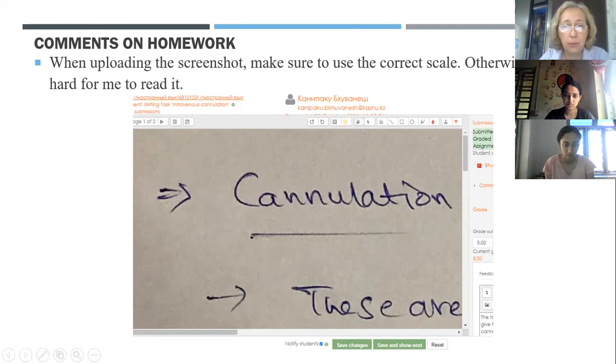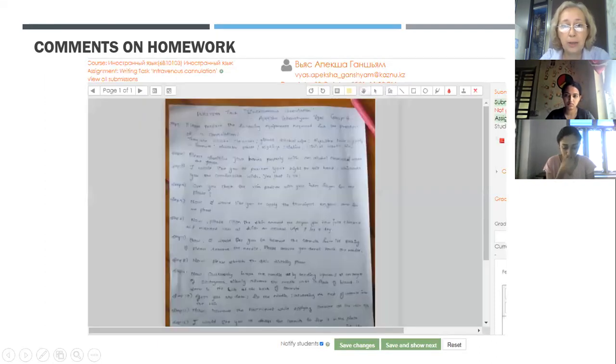So just make it easy for me to read. And also this one, the scale is very small, that is why it's hard to read. I also need to download the screenshot to my computer, because I can't adjust the scale on the site. There is no such option on the site.